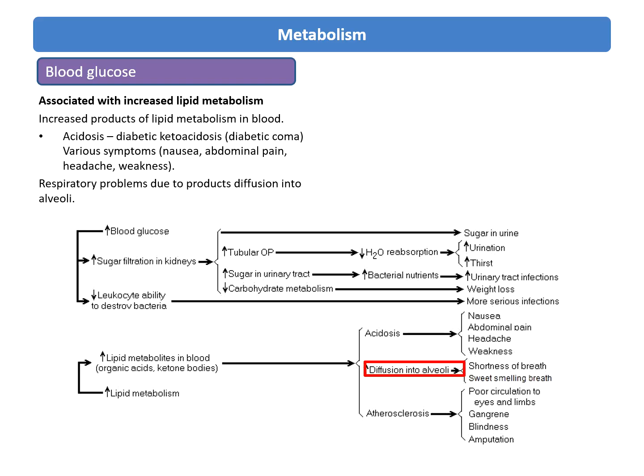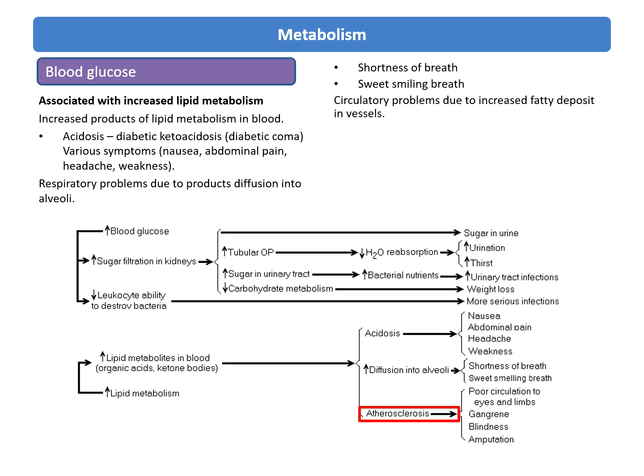These ketone bodies and other substances would diffuse into the alveoli, particularly the ketone bodies, because they're rather volatile. This leads to shortness of breath and a strange, sweet-smelling breath. Another consequence of increased lipid presence in the blood would be atherosclerosis.